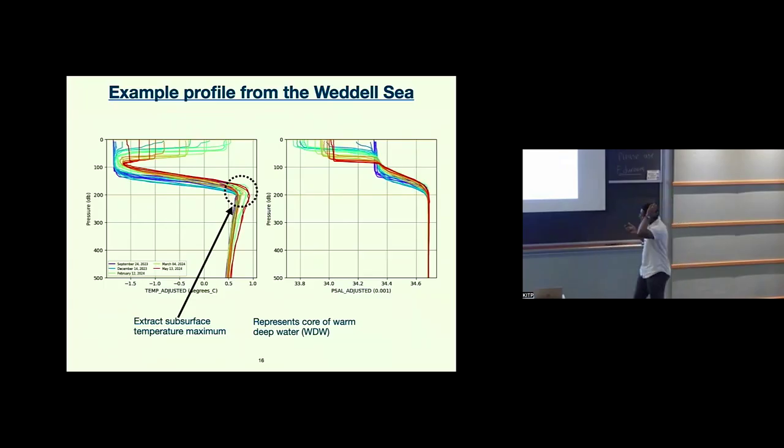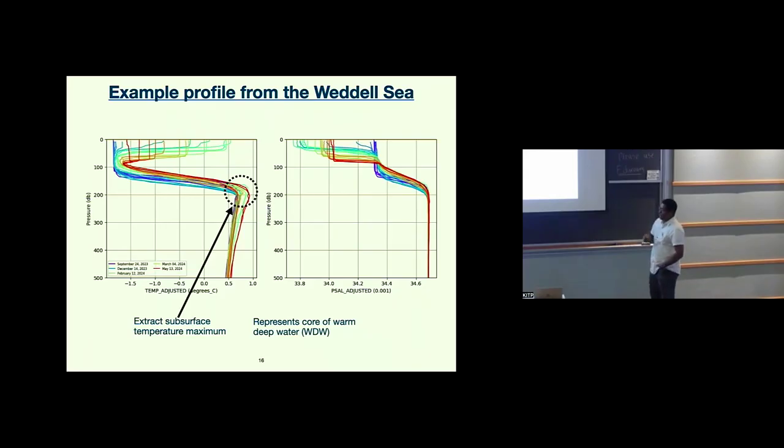So what we're going to do with the float data is relatively simple. This is an example temperature salinity profile from the Weddell Sea. I don't remember exactly where, it's data from a single float. And what we're going to do is track the magnitude and depth of the subsurface temperature maximum.